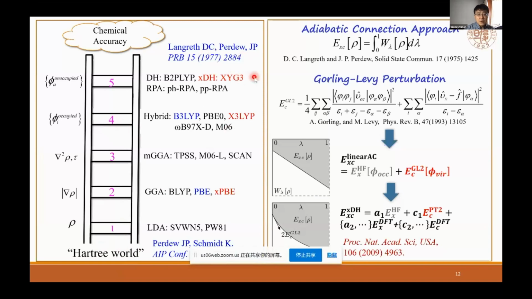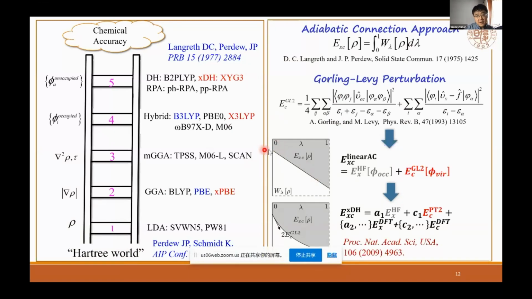So today I'll be talking about XYG3, which is a 5th rung functional developed in our group. It starts from the adiabatic connection formalism combined with Görling-Levy second-order perturbation.